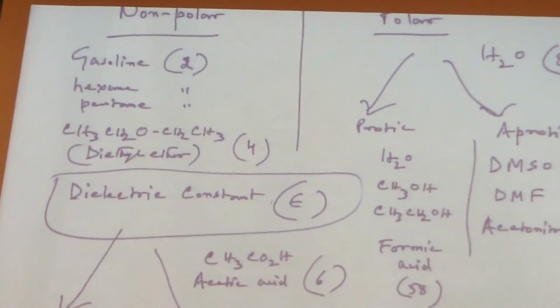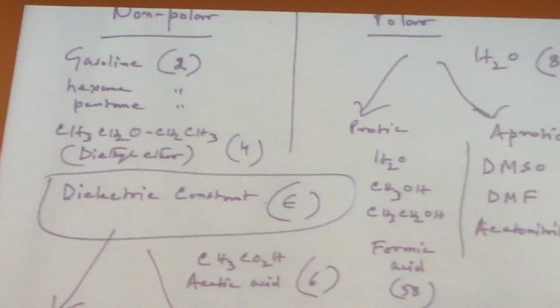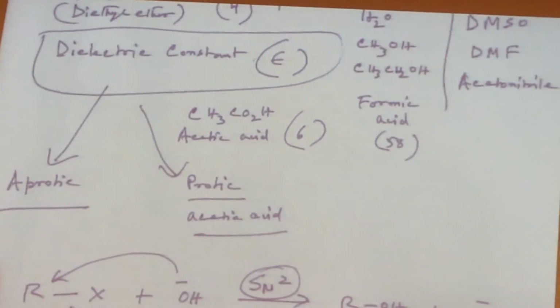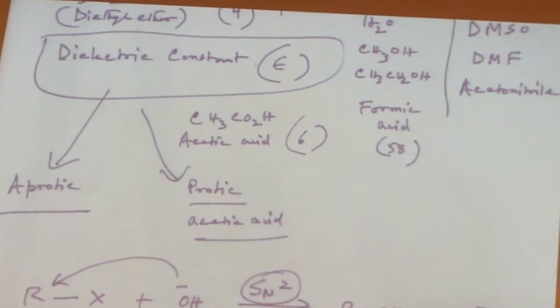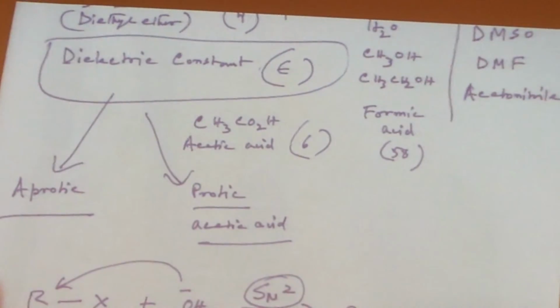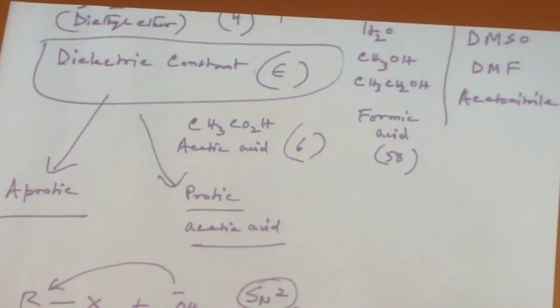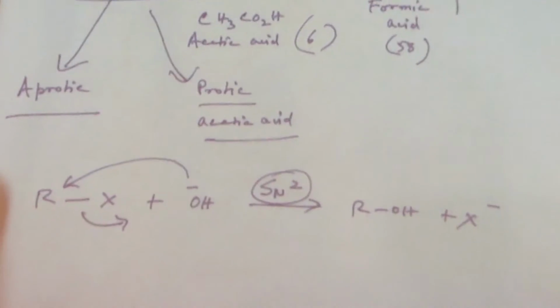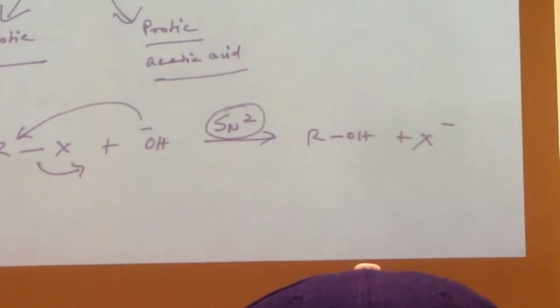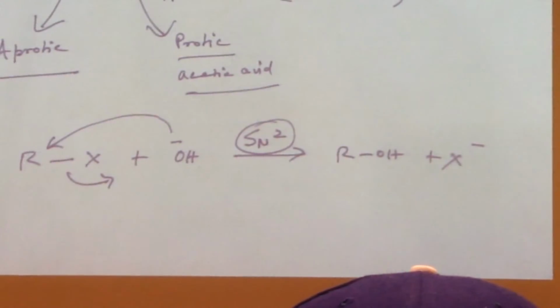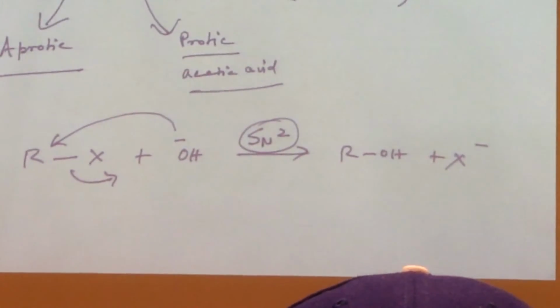Sometimes you have a situation where a non-polar solvent would dissolve the RX if you have a long chain in the R, and the polar nucleophile may not dissolve in that. So what happens then? No reaction will take place if you have two completely different solvents, right? So it is important to recognize that they must be dissolved in the same solvent.